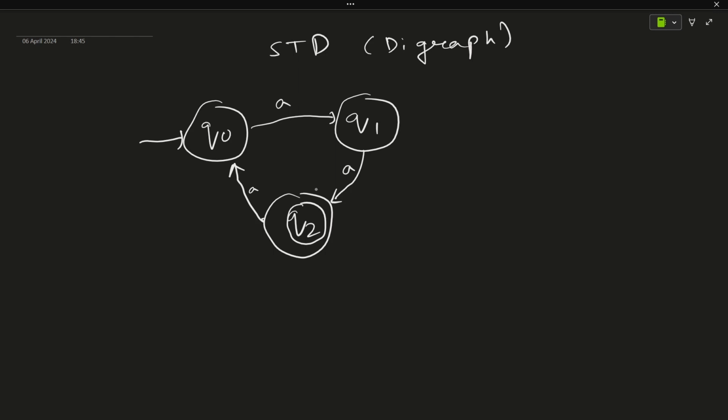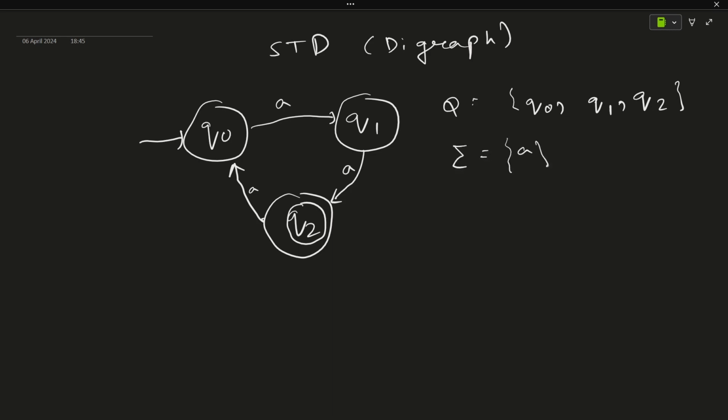Let's consider this. Here let's identify all the tuples. For Q, what will be Q? Q will be Q naught, Q1, Q2. What will be sigma?